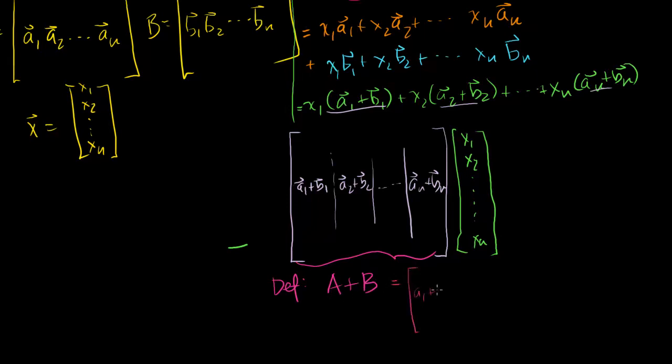So a1 plus b1, just like what I did here, all the way up to an plus bn as the last column. And you've seen this before in your Algebra 2 class, but I wanted to do it here because this shows you the motivation for it.